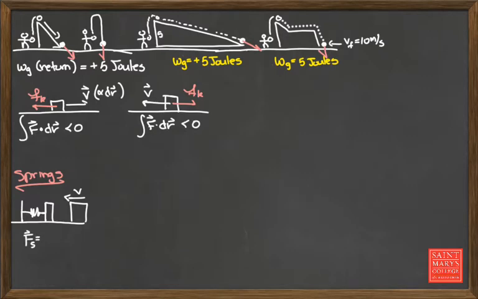Remember when we did spring forces, we said that the spring force is k times the amount that the spring is squished or stretched. So this is the amount of squish or stretch.